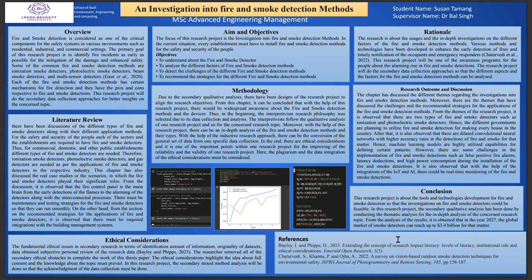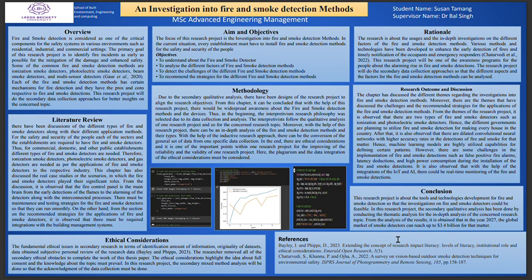Thus, for commercial, domestic, and other public establishments, different types of fire and smoke detectors are needed. Therefore, ionization smoke detectors, photoelectric smoke detectors, and gas detectors are needed as per the application to the respective industry.